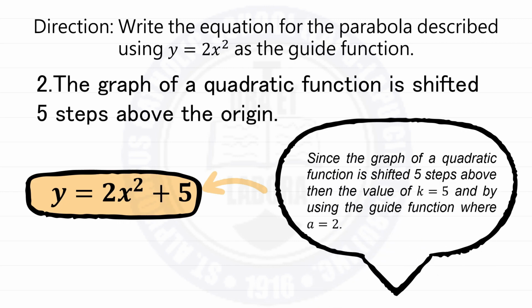Since the graph of the quadratic function is shifted 5 steps above, then the value of our k is positive, and since it's 5 steps, it's positive 5. And by using the guide function y equals 2x squared, where the value of a is 2, again, the equation of the parabola is y equals 2x squared plus 5.